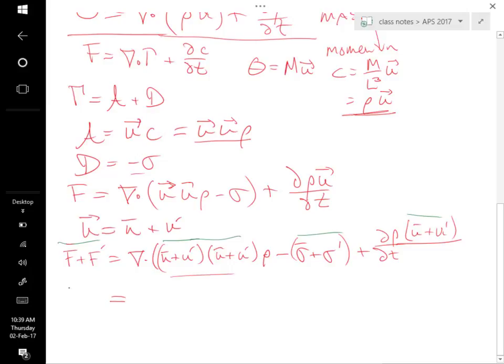If we apply that average, using those rules of averaging, we just get that. And now I'm going to write this out, and I get this. So we just expand this. So it's those two plus the average and the perturbation, and the average and the perturbation, and the perturbed, and then this is just going to average out to the stresses.